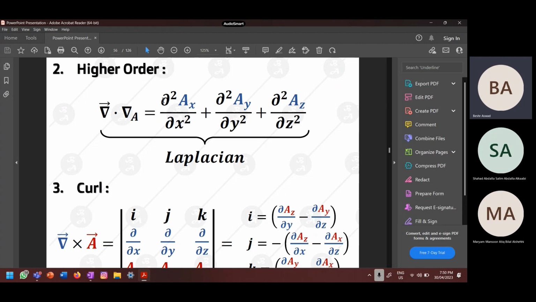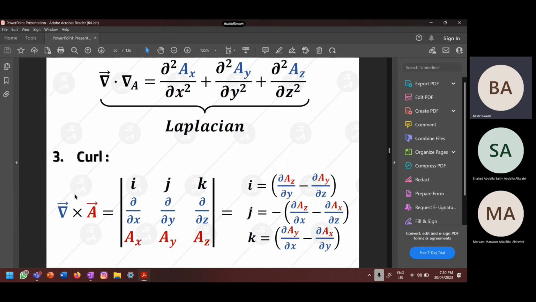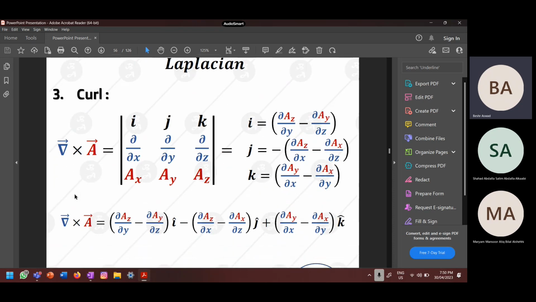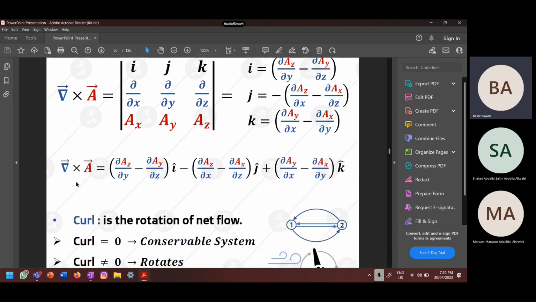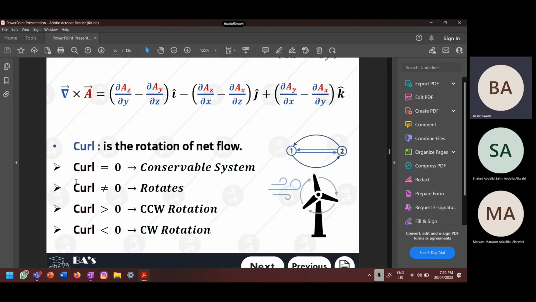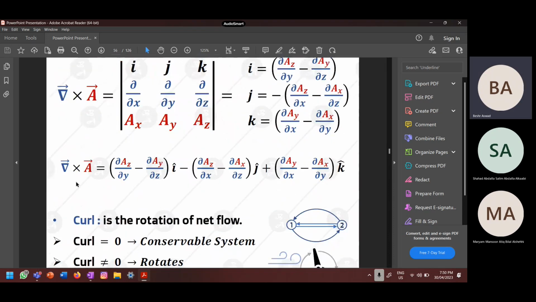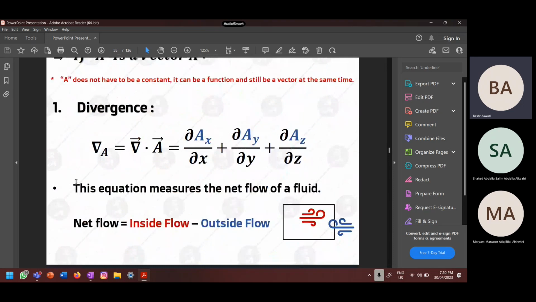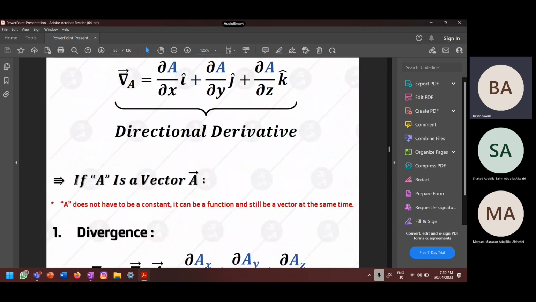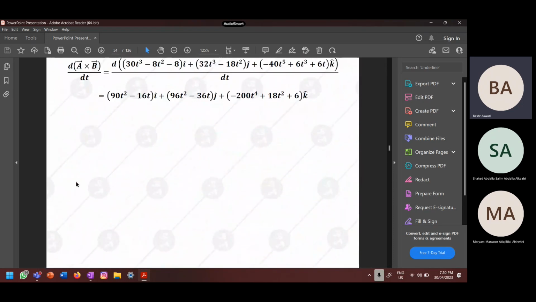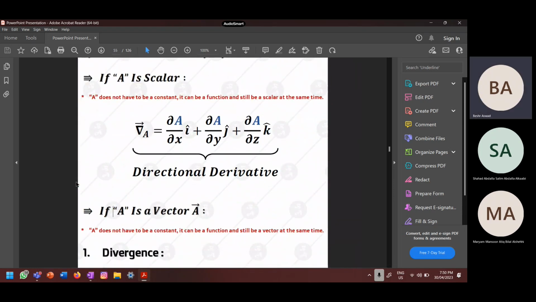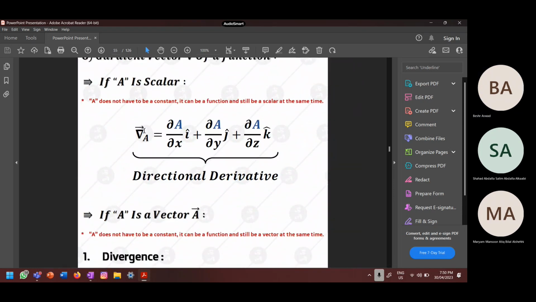The Laplacian is related to heat transfer, actually, and curl is related to fluid mechanics, all having the valuable concepts of curl and divergence, and all are related to the gradient vector.